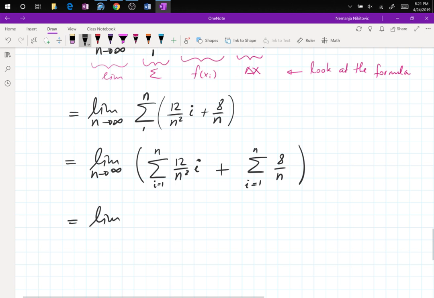For the first sum and for the second sum, I can kick out in front of the sum anything that is not i. So 12 over n squared gets kicked out and i stays in, plus 8 over n gets kicked out and just number 1 stays inside.